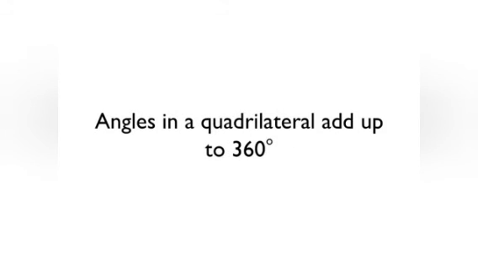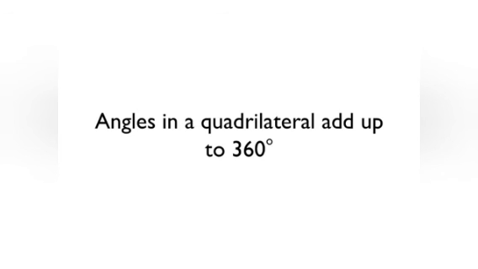They are all quadrilaterals. Now you must note that the sum of angles in a quadrilateral adds up to 360 degrees. This is very important to note because you'd always use it.